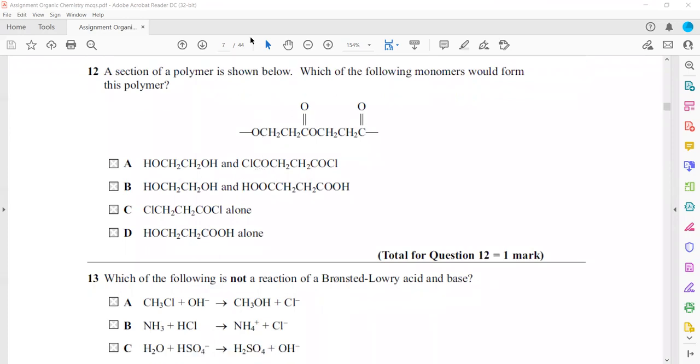A section of the polymer is shown. Which of the following monomers? So basically what happened, whenever polymerization occurs, for example, a diol can react with a dicarboxylic acid, or a diol can react with ethanoyl chloride, as they have a reaction between them.